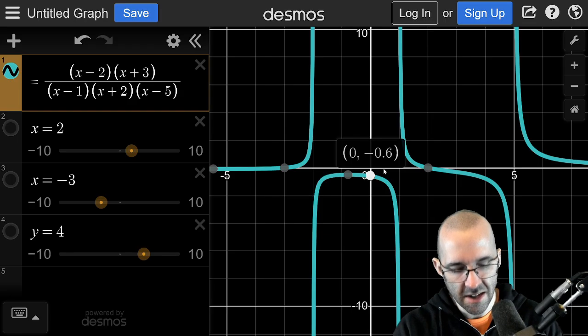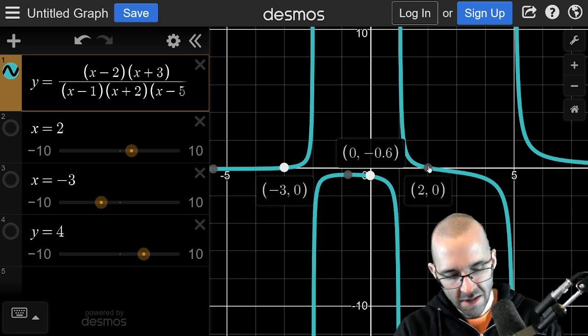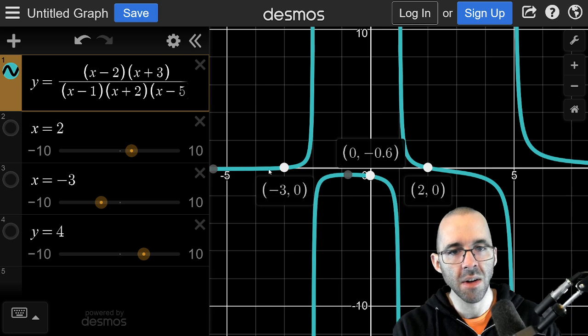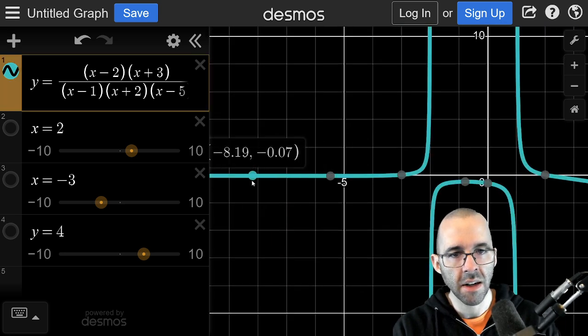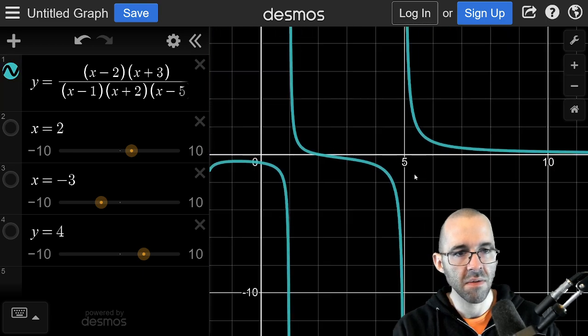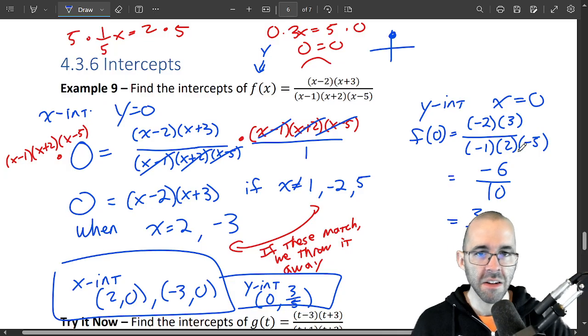Yeah, it is. Negative 6/10. X-intercept right there. X-intercept right there. Were there any more? No. It's really close to 0. It never crosses 0 again. Those are the only ones where it crosses 0. Those are all our intercepts. We did it right. Nice.